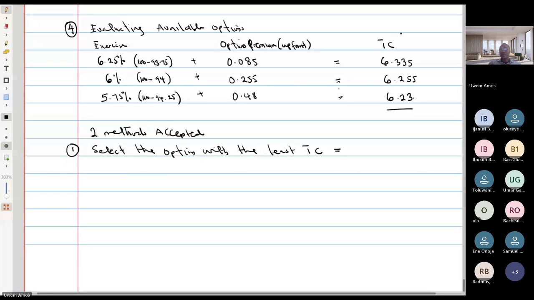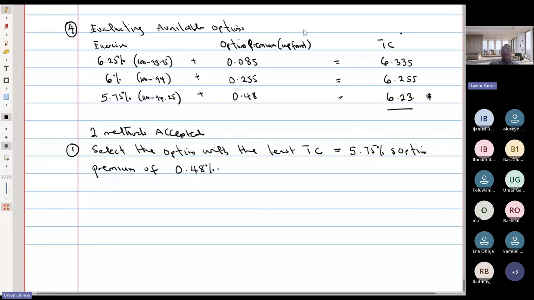The last one. So if we go with that first method, it would be the last one. That means we would select the option with an exercise price of 5.75% and an option premium of 0.48%. That is one of the two accepted methods.